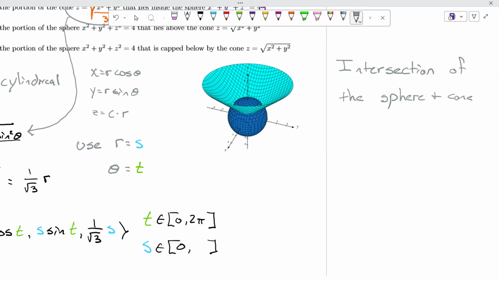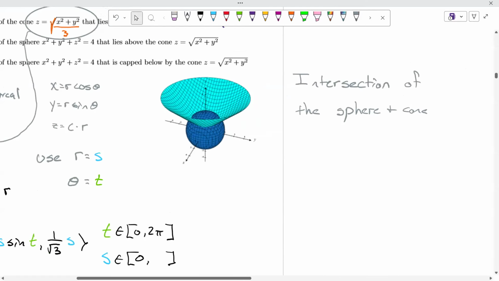So I need to figure out where this S value should stop. It'll eventually hit the top of that sphere, in which case I need to stop my parameterization because I want only the parts that are inside of this sphere. In order to do that, I want to just plug everything in to the equation of my sphere.